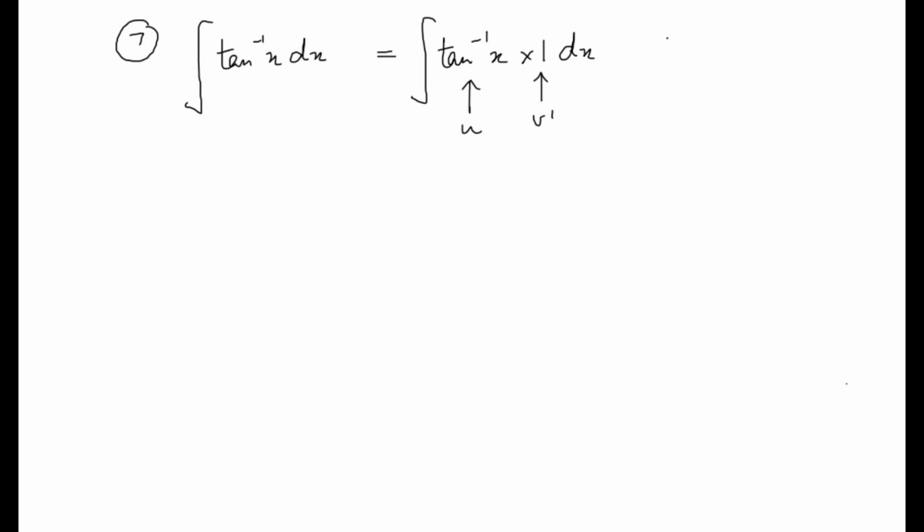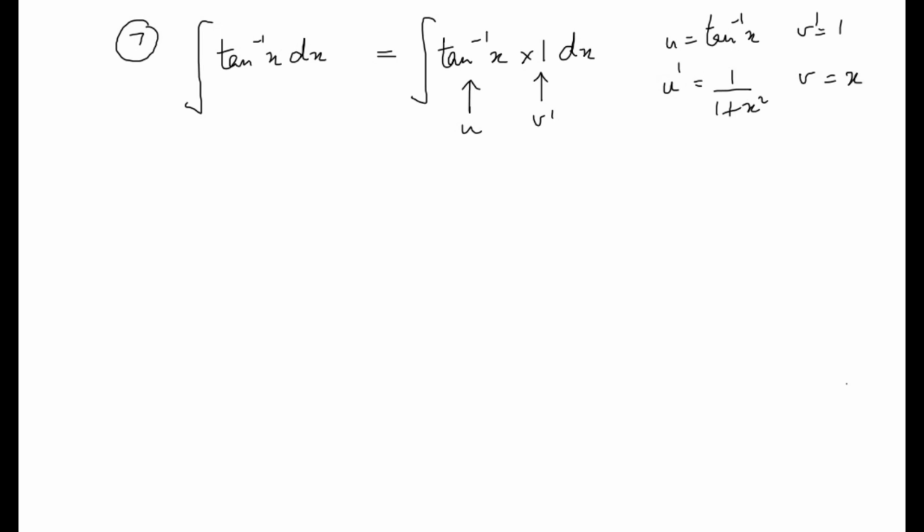So if u is tan inverse of x and v dash is 1, then the differential of tan inverse x is 1 over 1 plus x squared, and the integral of v dash is just x.